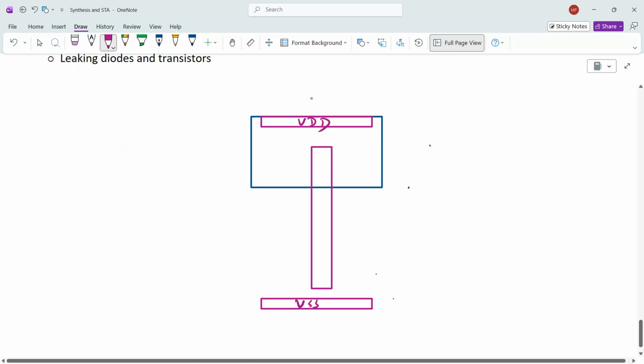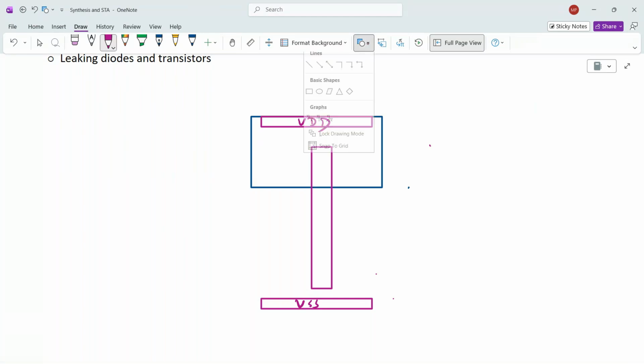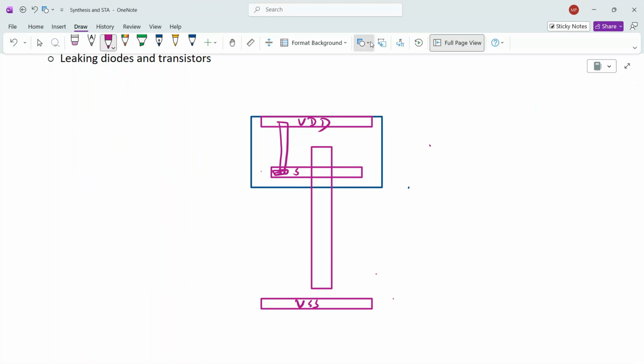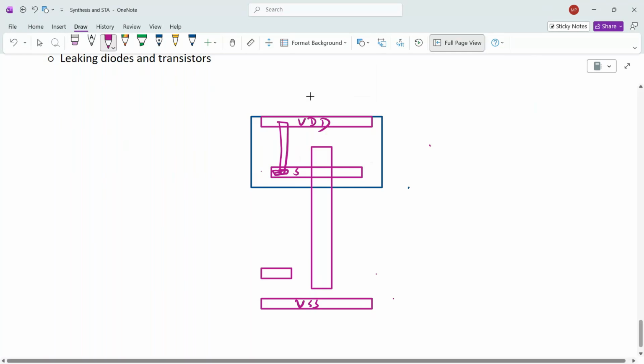All the connections are also like this, I think. So this is nothing but the source. It's getting connected here with VDD like this. Here also the source. This is the NWell.